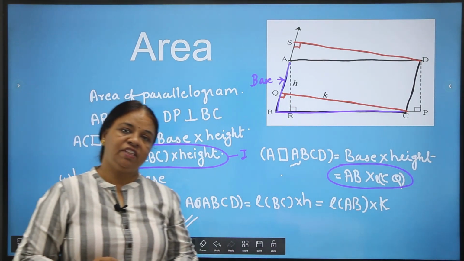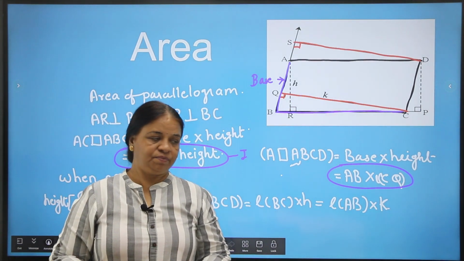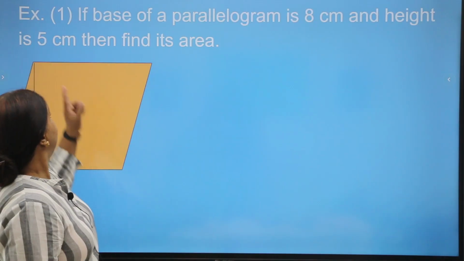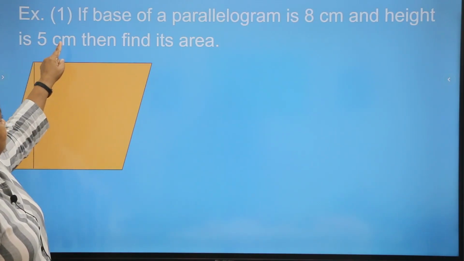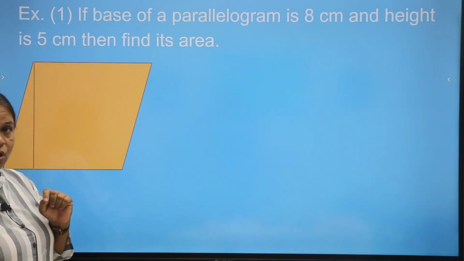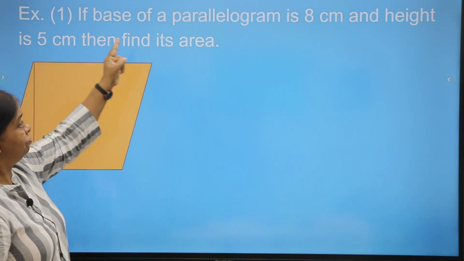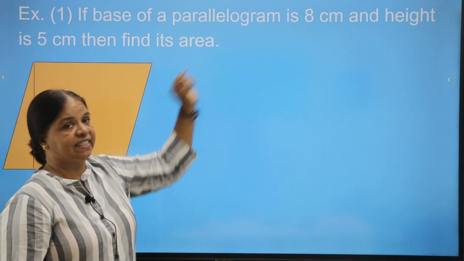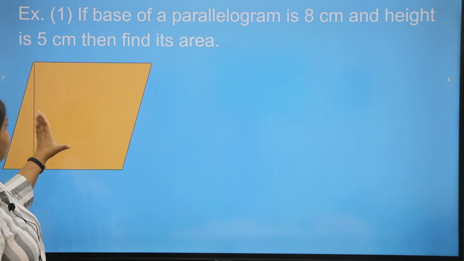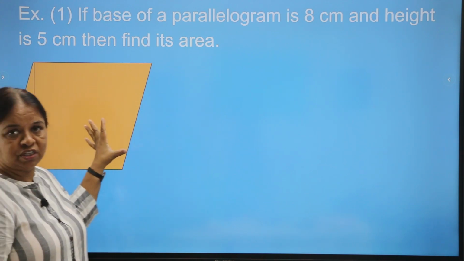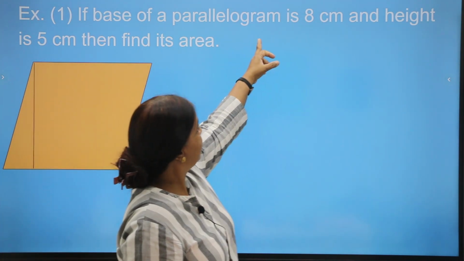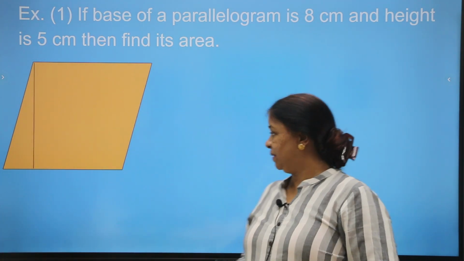So let's begin with the example, children. We will begin with example 1, which is already solved in your textbook. If the base of a parallelogram is 8 centimeter, you can see the figure of a parallelogram which is drawn here on the board, and the base of the parallelogram is 8 centimeter.